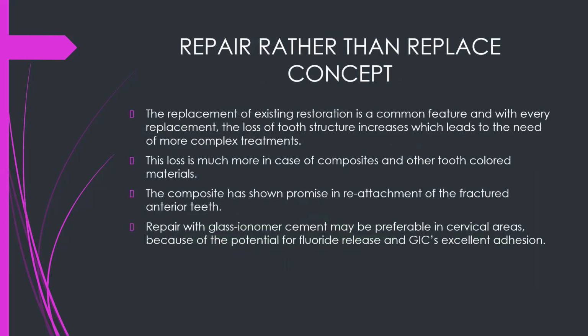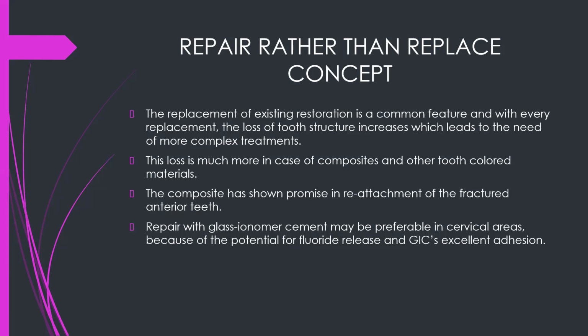So when we are using this material, there is another concept in minimal intervention dentistry, which is repair rather than replace concept. If you have any previously restored teeth which require replacement of the restoration because either the restoration is fractured or there is development of secondary caries, in this case, only that area which is affected is removed and not the entire restoration.